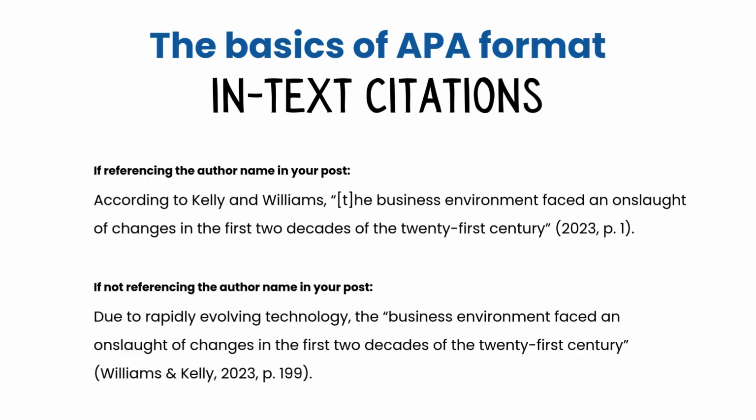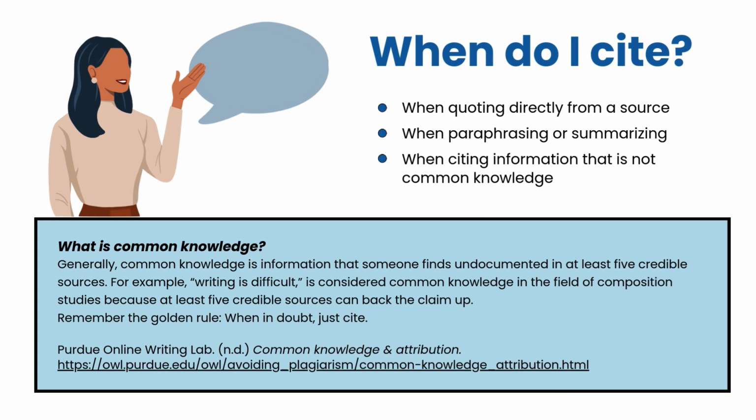If you do not include the authors' names within the quote itself, then your in-text citation should have the authors' names, for example, Williams and Kelly, 2023, p. 199, all in parentheses.